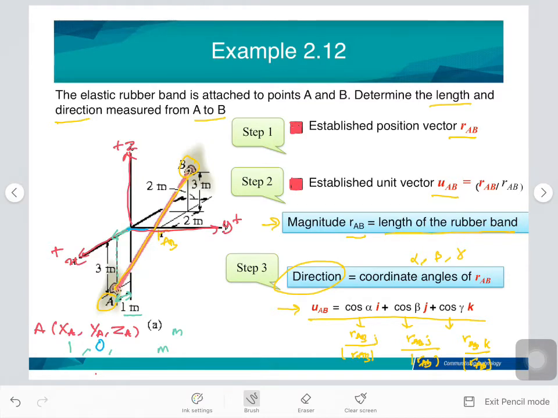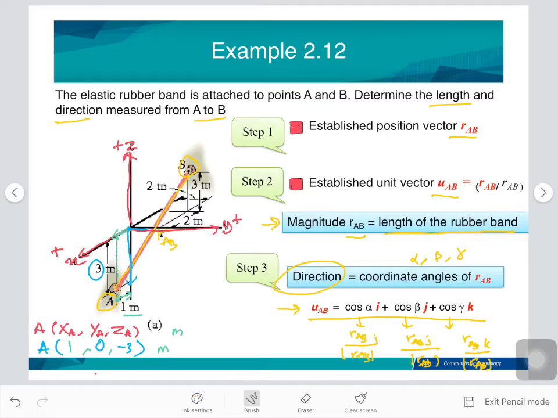Next is Z. If we travel from the origin to point A, what do we have? We have 3, but because it's downward, it becomes negative 3. So this is how we determine the coordinate for A.